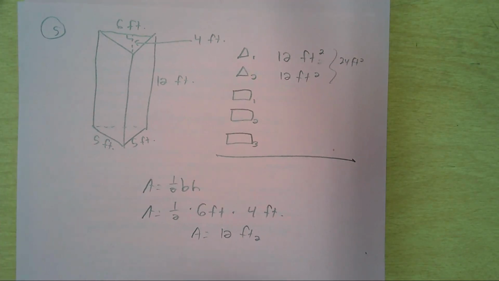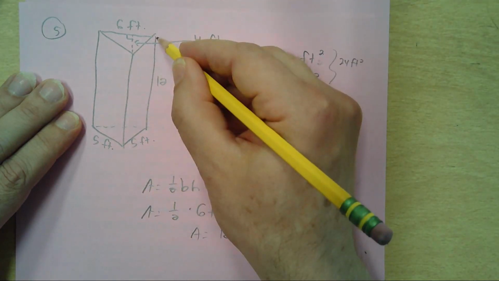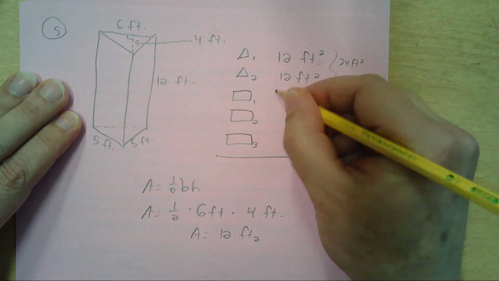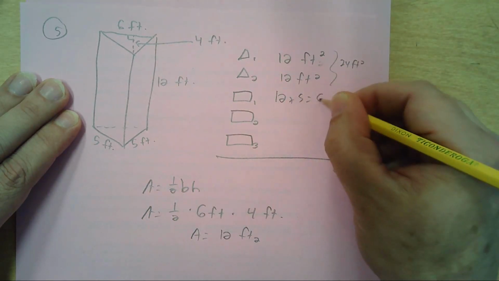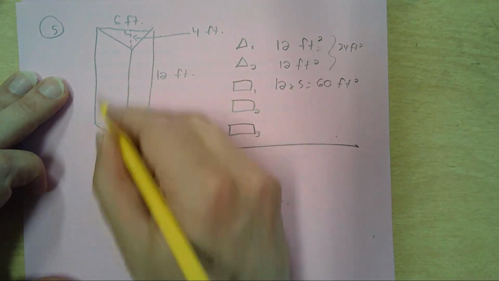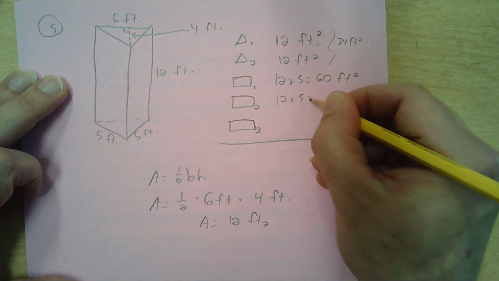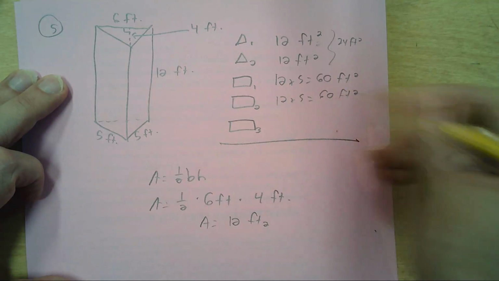So first, I'll start with this one over here. All right, this one is 12 by 5, which is 60. And this one over here is also 12 by 5. So there's the one I could, again, double, and maybe you did.